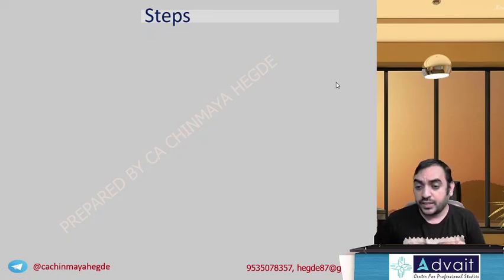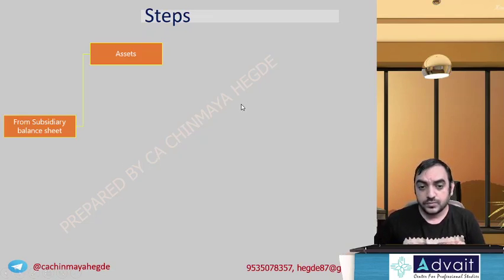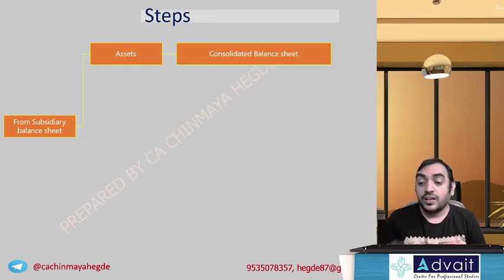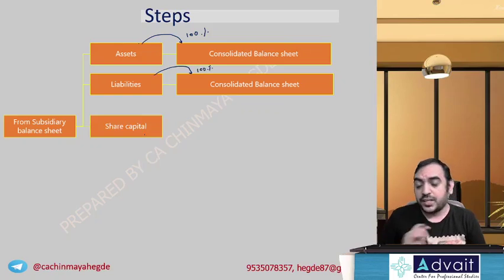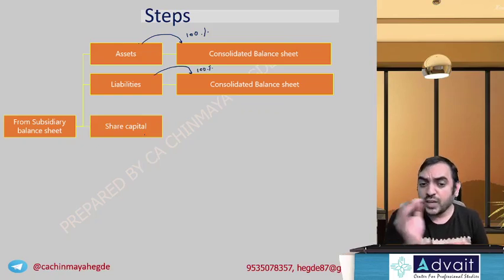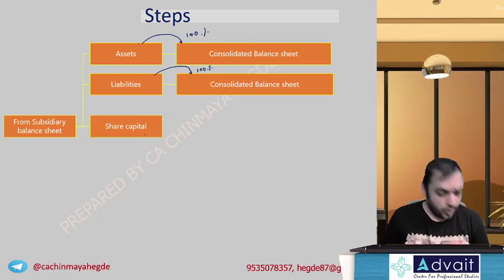Subsidiary company balance sheet: assets full 100%, because we apply control, controlling interest 100%. Liabilities also we will take 100%. Share capital: where will the share capital of the subsidiary company go?